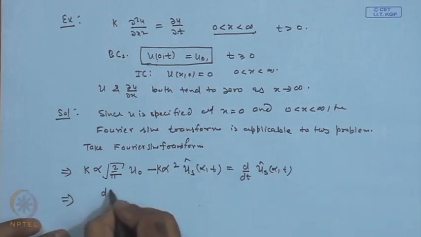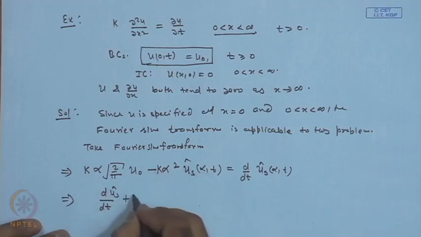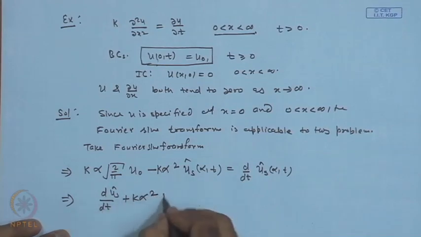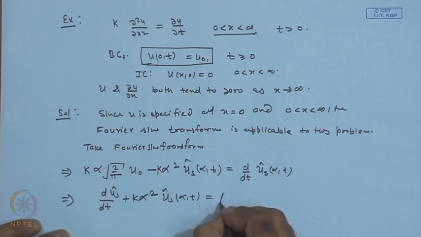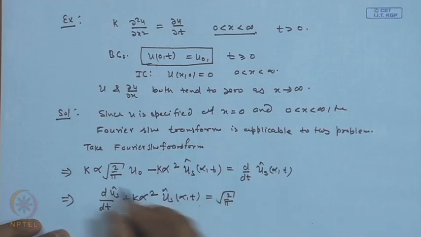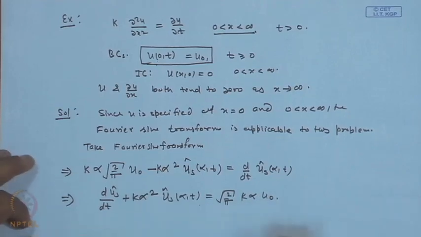So, now what we have is d u s hat over dt plus k alpha square u s hat of alpha, t, equal to square root 2 over pi, k alpha u naught. Okay.